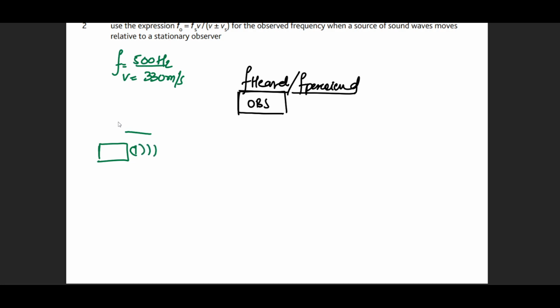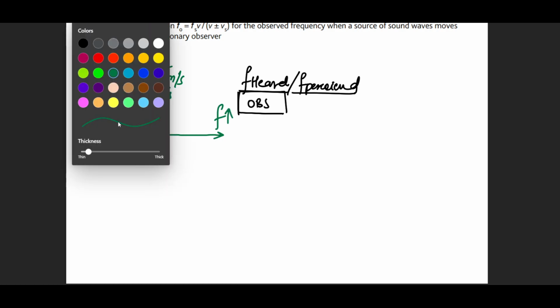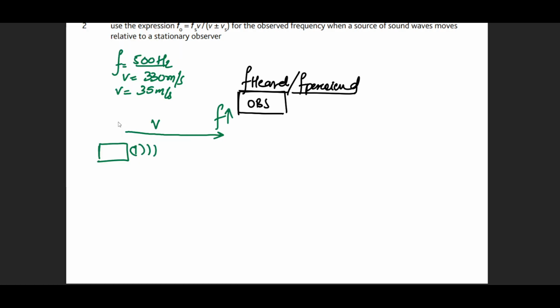If this car is moving towards the observer with a velocity v, fixed as 35 meters per second, then the actual frequency heard by this person is a bit higher. We will calculate this later, but for this example, let's assume the perceived frequency comes out as 525 hertz.